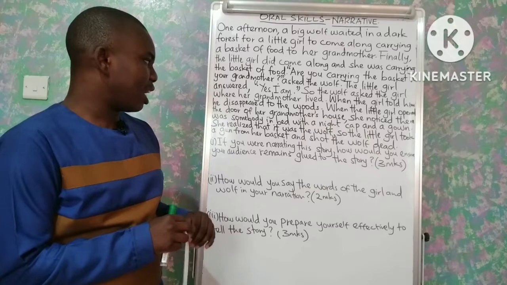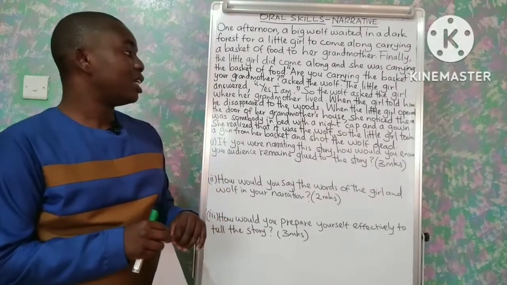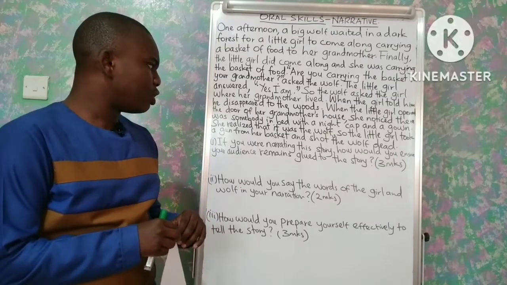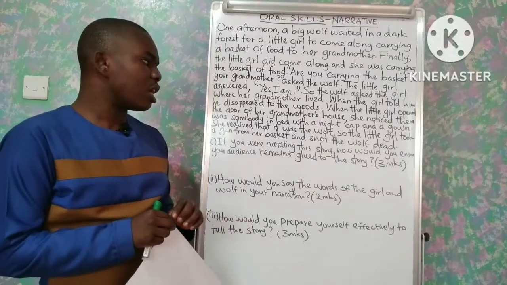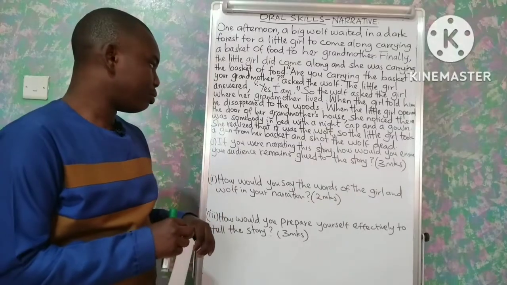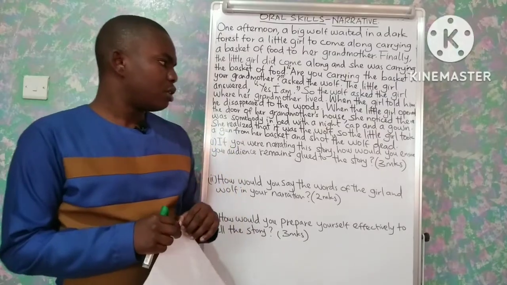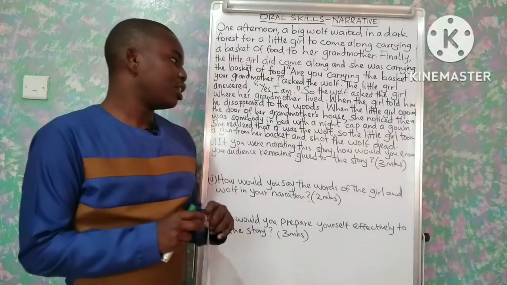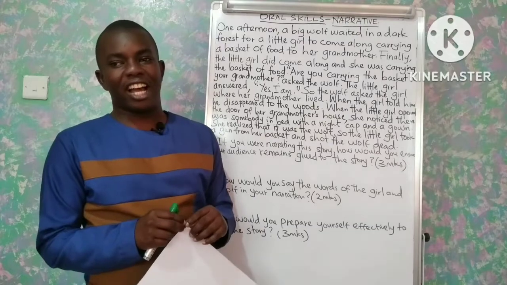So the wolf asked the girl where her grandmother lived. When the girl told him, he disappeared to the woods. When the little girl opened the door of her grandmother's house, she noticed there was somebody in bed with a night cape and a gown. She realized that it was the wolf. So the little girl took a gun from her basket and shot the wolf dead. So that is the narrative there.